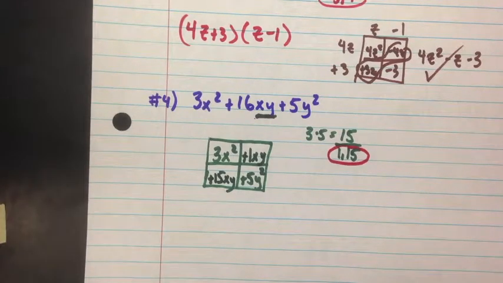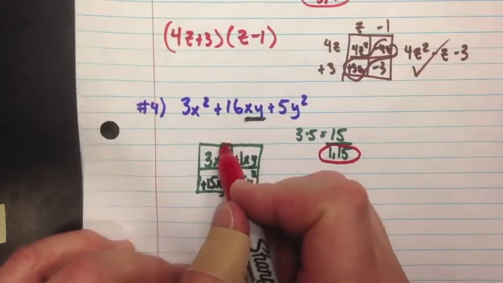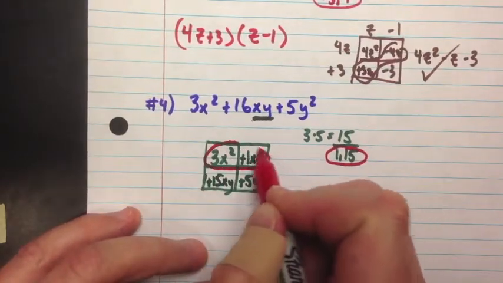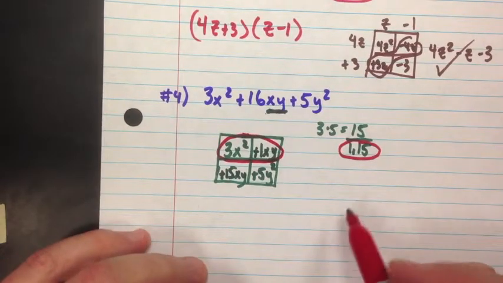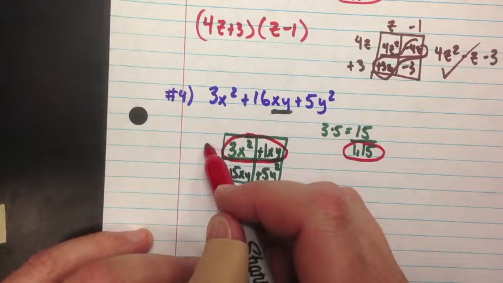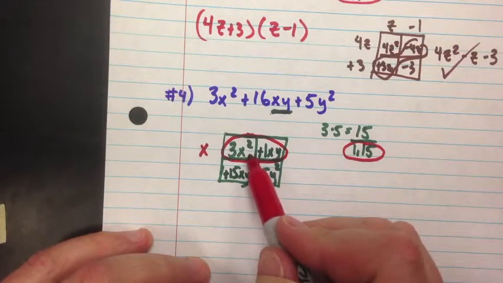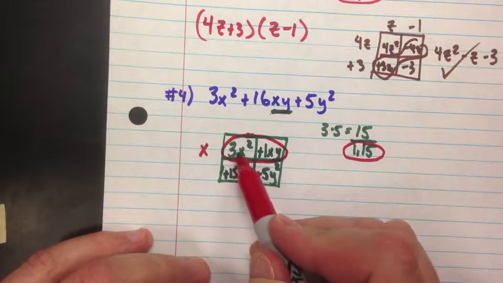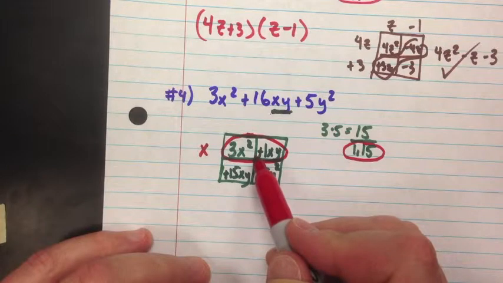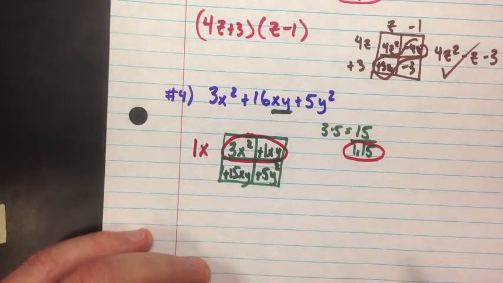Okay, now we have to pull out the factors. Well, the top row, let's see. Both of these have an x. I cannot take out a y because there's no y here. How about 3 and 1? Well, the most that goes into 3 and 1 is just 1. So that's a 1x.